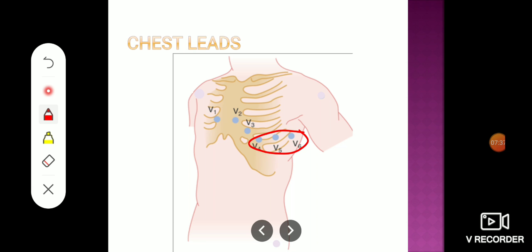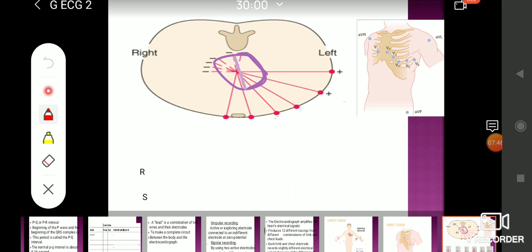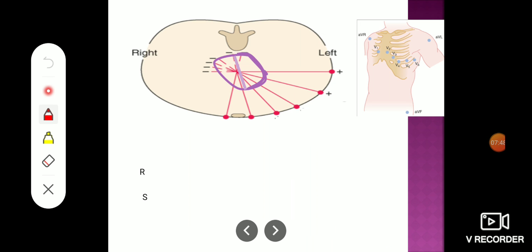Now in the second diagram you can see the transverse section. This is our heart. This is the right ventricle, left ventricle, and this is the interventricular septum.